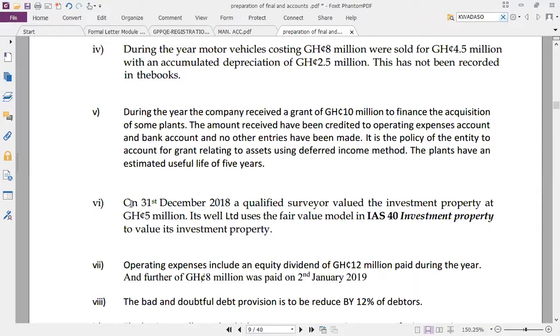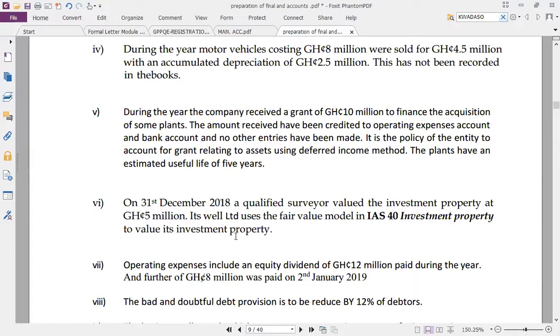Note 6 states that on 31st December 2018, a qualified surveyor valued the investment property at 5 million. Well Ltd uses the fair value method in IAS 40 investment property to value its investment property. So if the fair value is 5 million, what do we do?